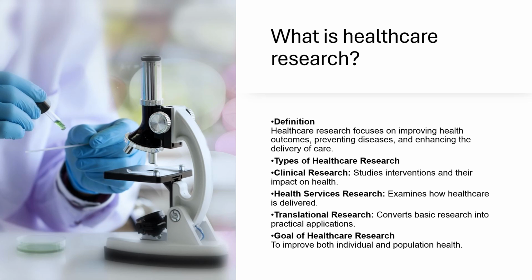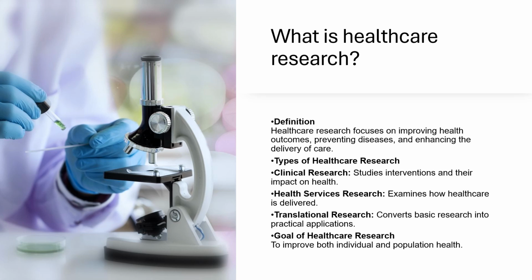So let's have a look. What is healthcare research? What is the difference from general research? Healthcare research focuses on improving health outcomes, preventing diseases, and enhancing the delivery of care.